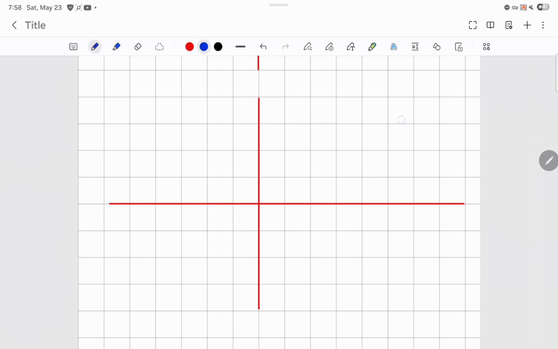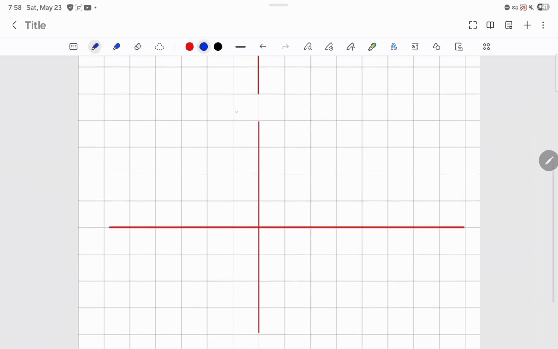Let's write y and x. There's a possibility that you have this line, which is a vertical line. There is a possibility you have a line like this, which is a horizontal line. Then there is a possibility that you have something in between, maybe like this, or maybe something like this.